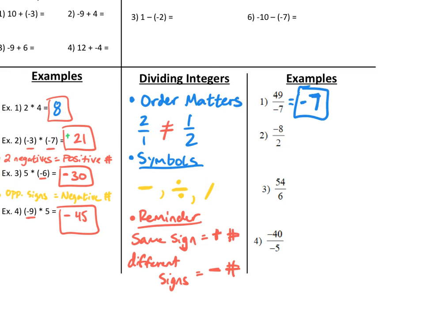You've got a -8 and a +2, so you know right away it's going to be -4. 8 divided by 2 is -4. Okay. Number 3, you got 2 positives, so you know it's going to stay positive. Well, 54 divided by 6 ends up being 9.